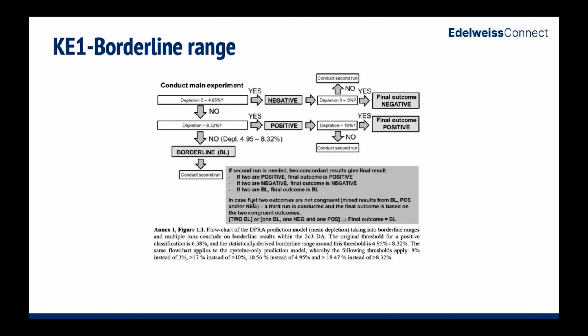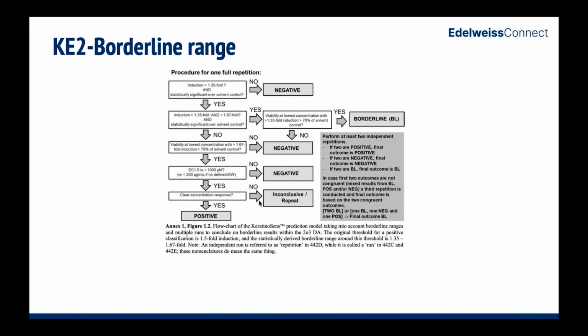It is a very easy flowchart diagram and decision tree, and everything is explained. If there are two positive, then the final outcome is positive. If there are two negative, then the final outcome is negative. And if the two results are borderline, then the final outcome of hazard assessment is borderline for the given compound.